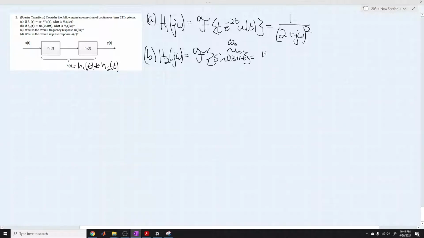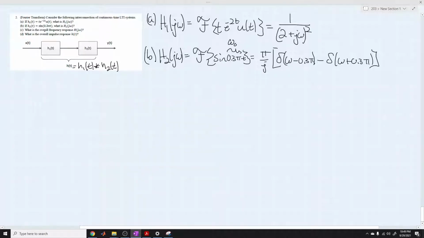And what you're going to get is pi over j times delta of omega minus 0.3 pi, right? Yep. And then it's a sine, so it's a minus sign, delta of omega plus 0.3 pi. So there is part B.